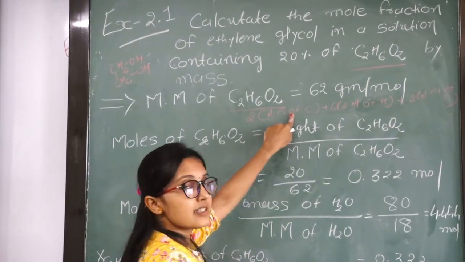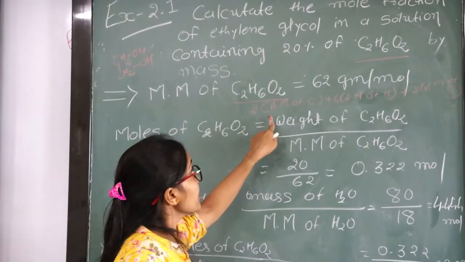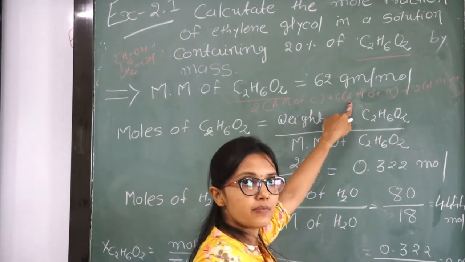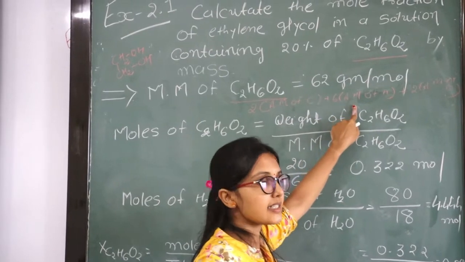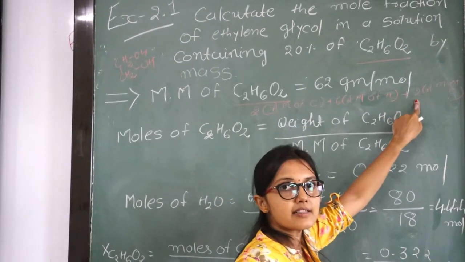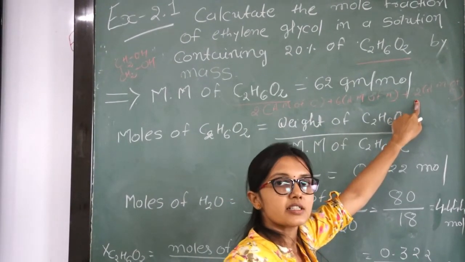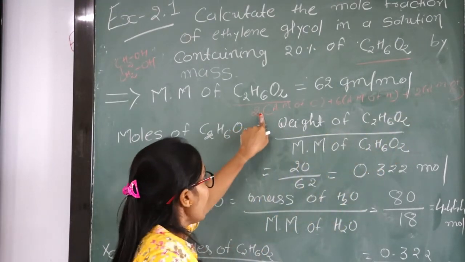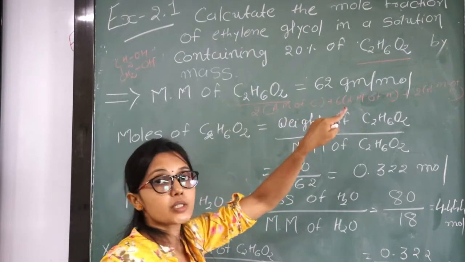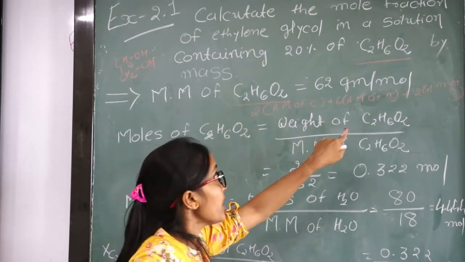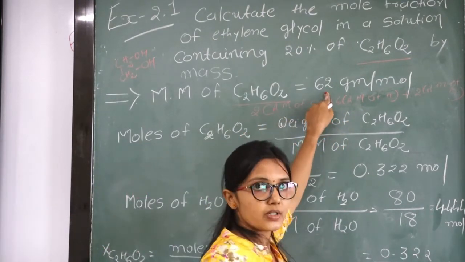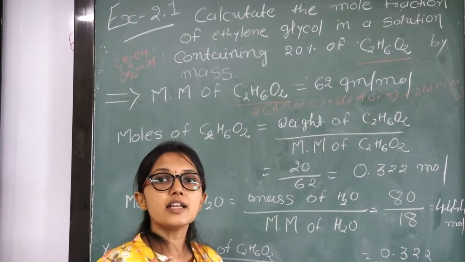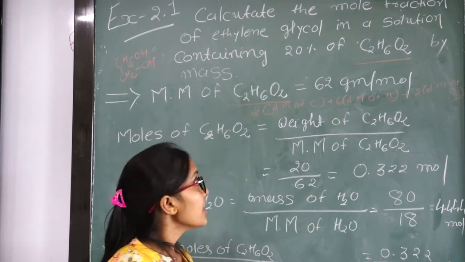Carbon atomic mass 12, 12 twos are 24. Hydrogen atomic mass 1, so 6 ones are 6. Oxygen atomic mass is 16, 16 twos are 32. When we sum these three values, it gives us 62. This is the molar mass of ethylene glycol.